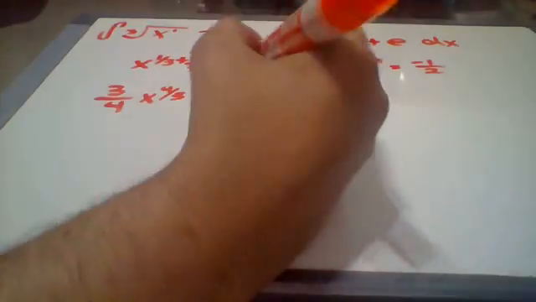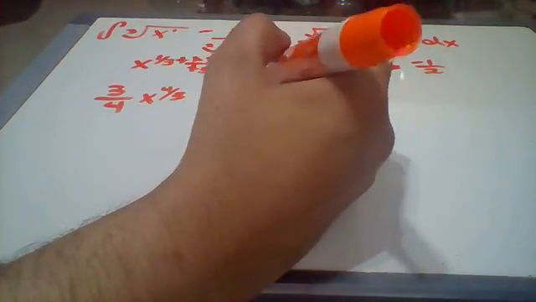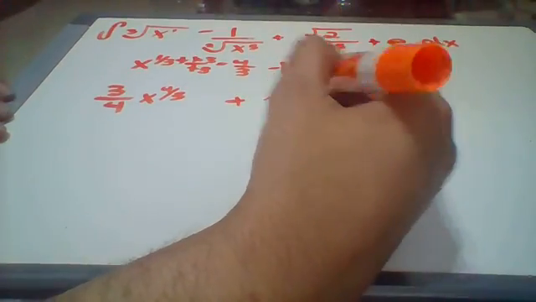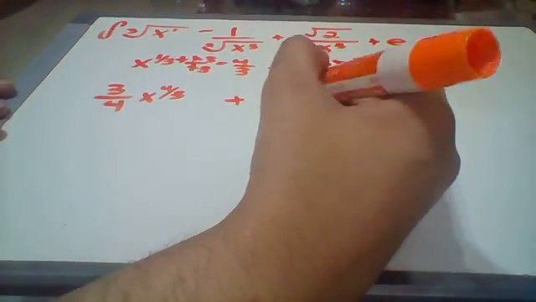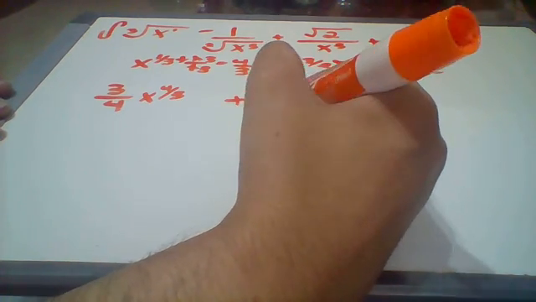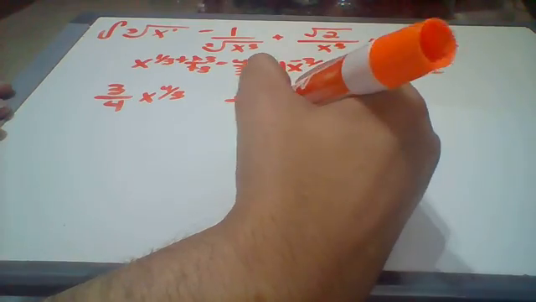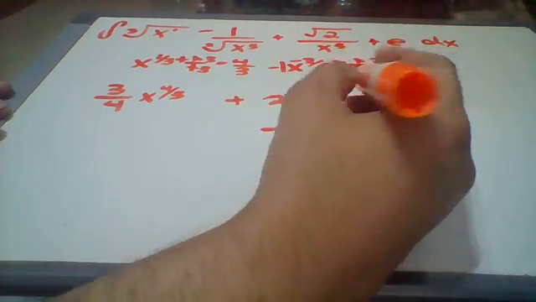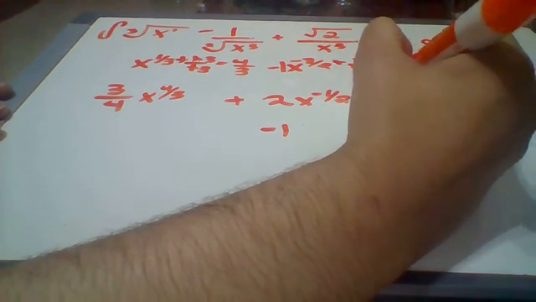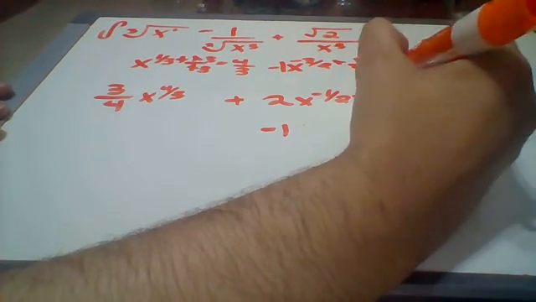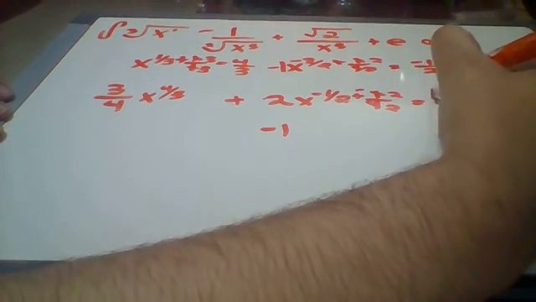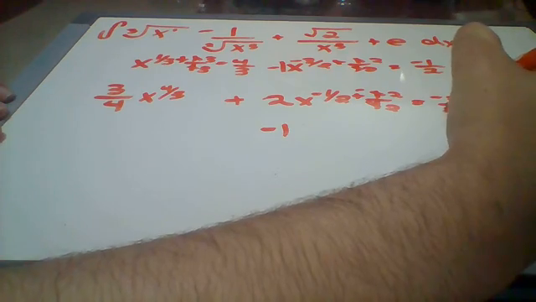And by the way, to check over your work, for this one, I could take the derivative of this. I could do negative 1 half times 2, which is negative 1, and then I could subtract 1 from the exponent, which would be negative 3 halves.